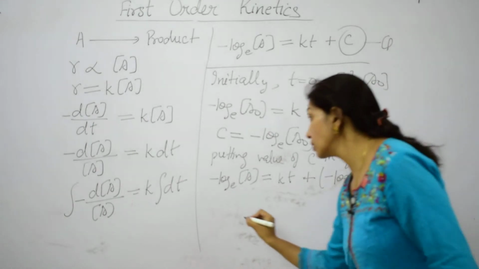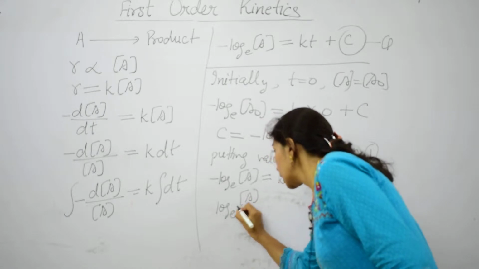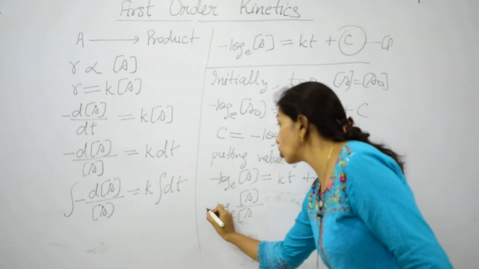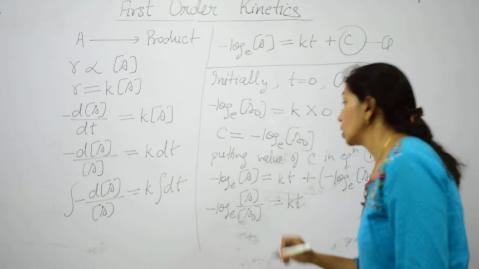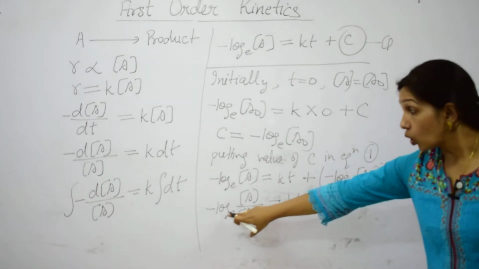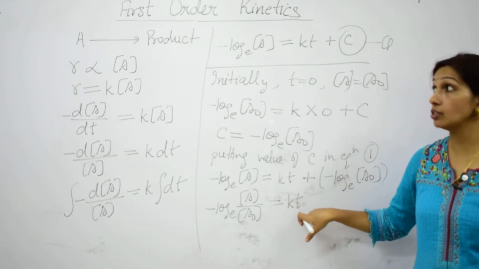Therefore, we are getting log base E A minus log base E A naught, that is log base E A upon A naught, is equal to minus Kt.